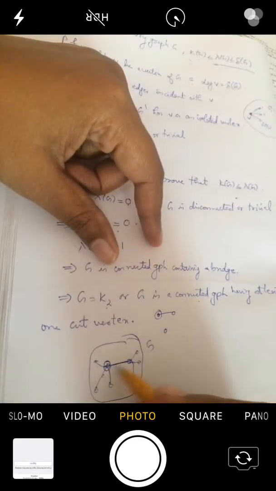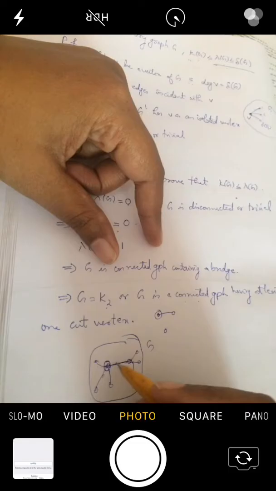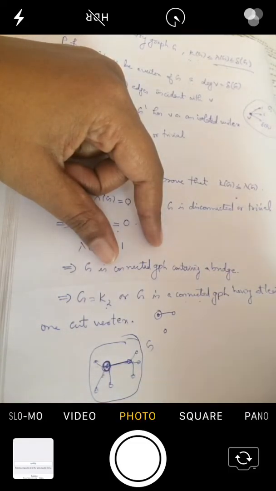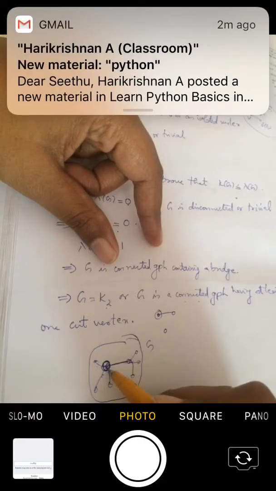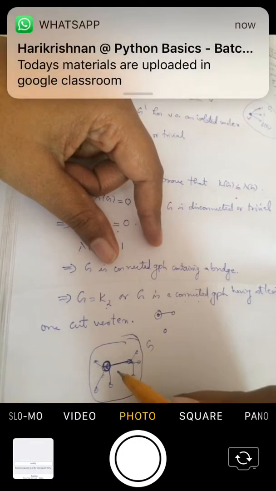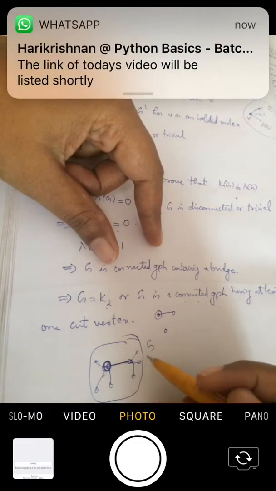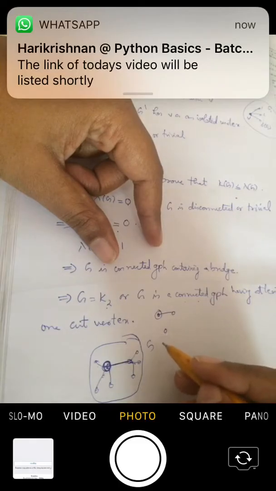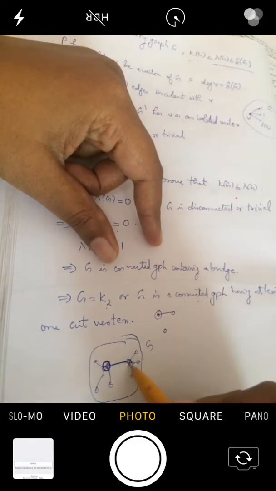This connection will get lost, so this vertex is a cut vertex, and the resulting graph is disconnected. Even if we delete this vertex also, the resulting graph will be disconnected, and hence we can say lambda of G is 1.